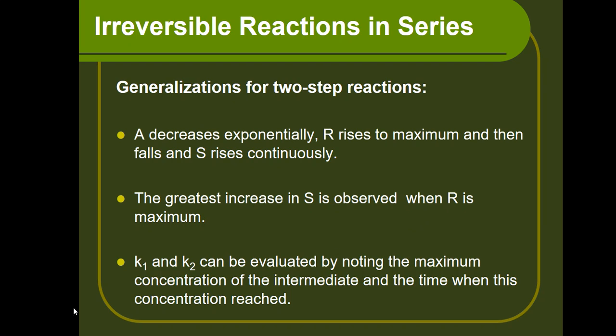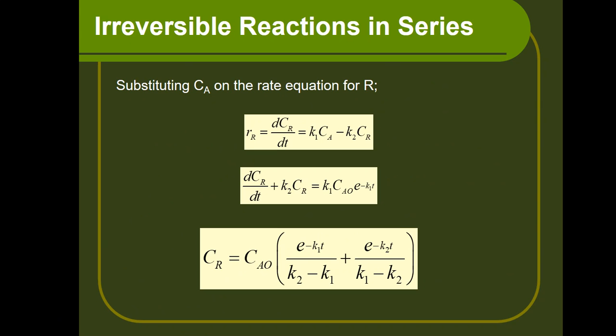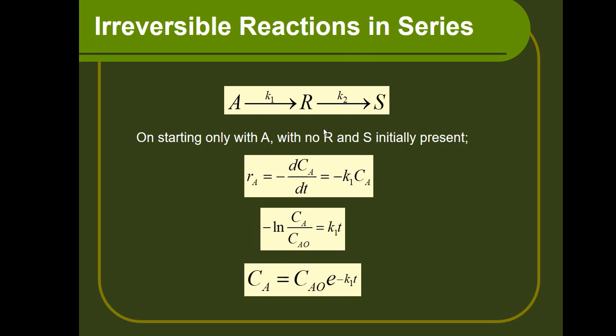K1 and K2 can be evaluated by noting the maximum concentration of the intermediate R and the time when this particular concentration is reached. Now, in all this generalization class, it's very important that you understand that for this particular reaction, K1 and K2 are not equal, and the coefficients of R and S and A are all 1.